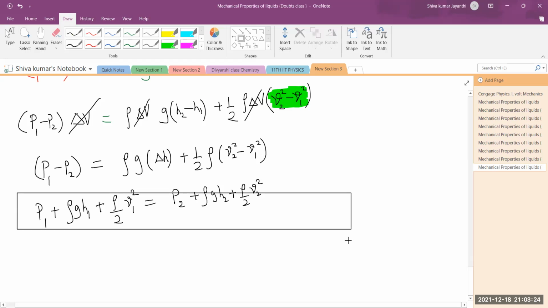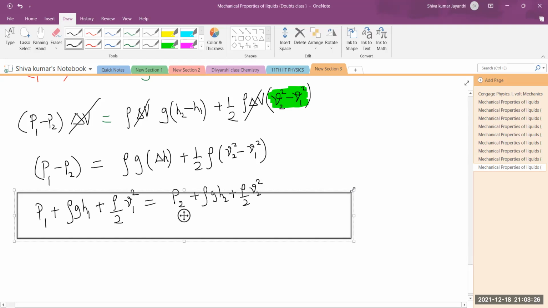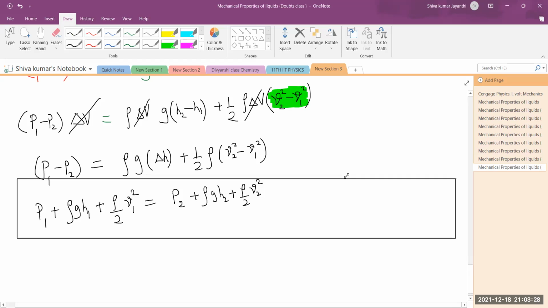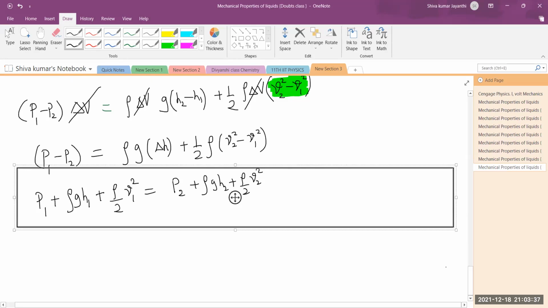This is Bernoulli's equation, and each term has a meaning. First term is called pressure head, which is pressure. Second term is called potential head, which is potential energy. Third term is called kinetic head, which is the kinetic energy. So in general, we're going to write this as pressure plus rho g h plus half rho V square is a constant.